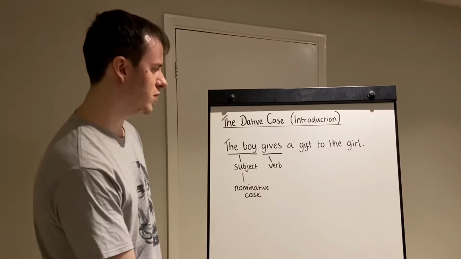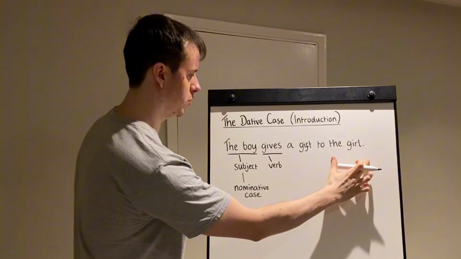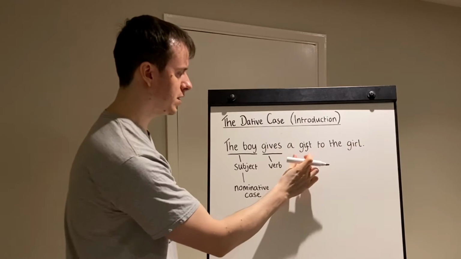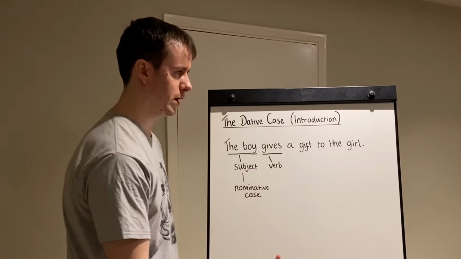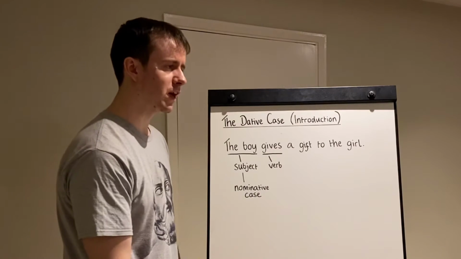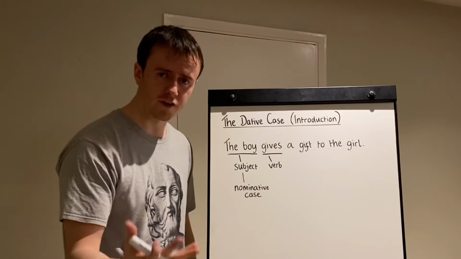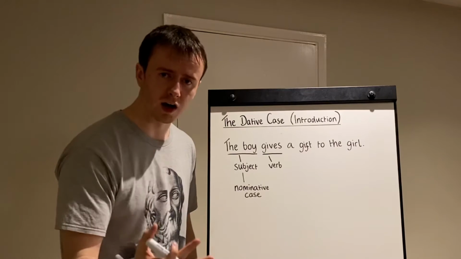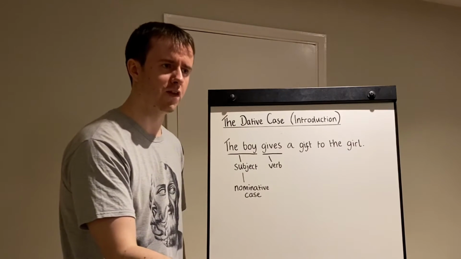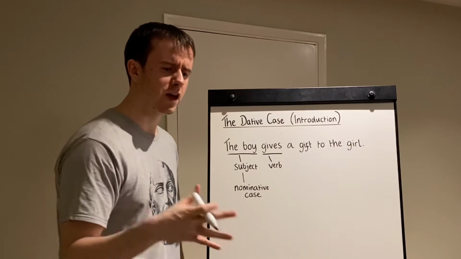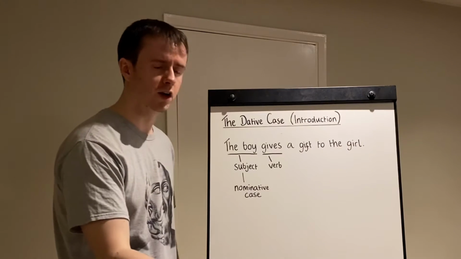And then we've got a gift to the girl. Now the gift is the thing that's actually having the action of the verb directly done to it. It is the thing that's being given, and therefore the gift is the direct object because it's immediately on the receiving end of the action of the verb. The action of the verb is being directly done to it.